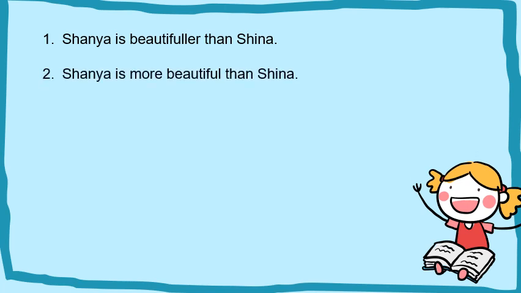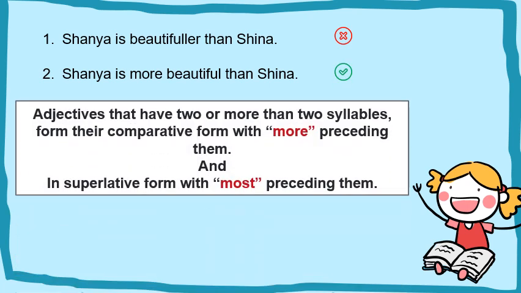See the second sentence. Sanya is more beautiful than Sheena. Now tell me which one is correct? Beautifuler or more beautiful? The second one is correct. The first is wrong. But why? Here there is a second rule.